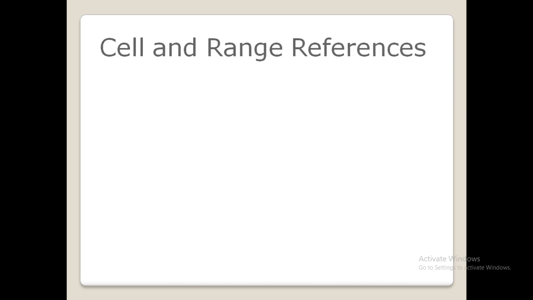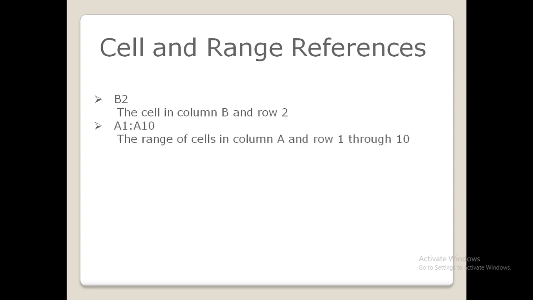Now coming to cell and range reference. In Microsoft Excel, cell and range references can be given in multiple ways. For example, I have taken here B2, which means column B and row 2. Or it can be A1 colon A10, which means the range of cells in column A and rows from 1 to 10.